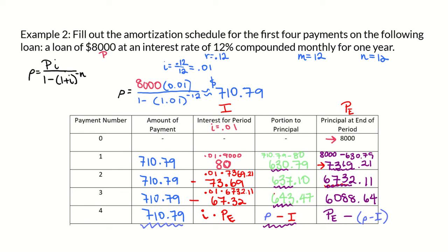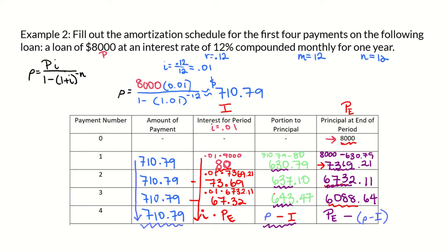I want to point out a few things to notice. The amount of the payment is the same every time. The amount that is paid to interest is decreasing every time. So in that first payment, you have to pay more to the interest because the principal amount of the loan is larger. $8,000 is larger than the principal amount is later on.